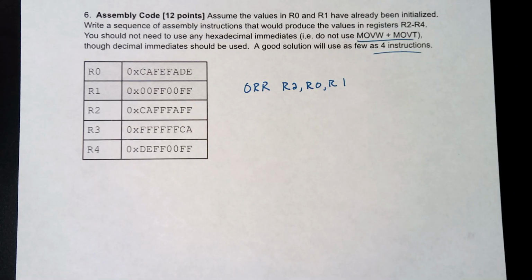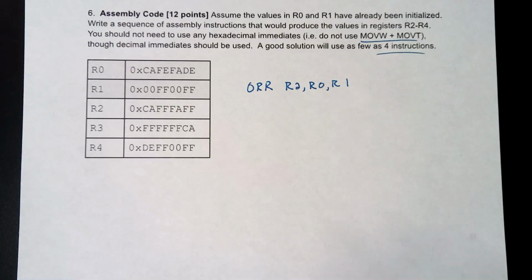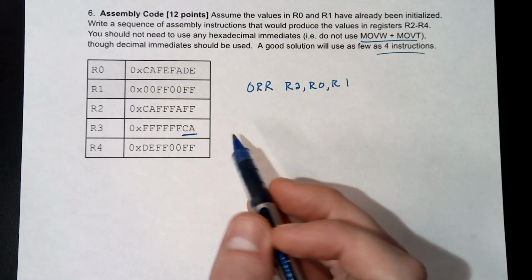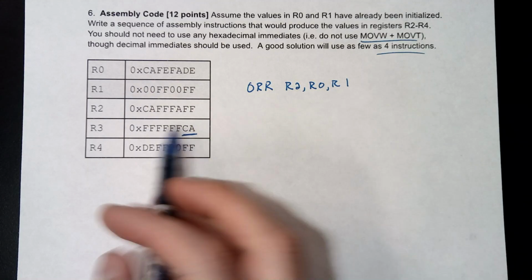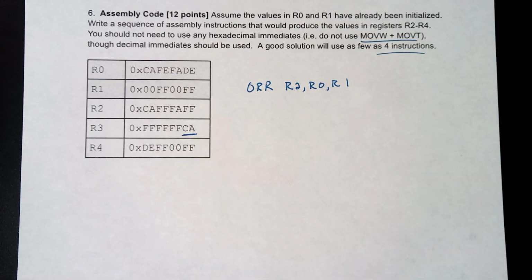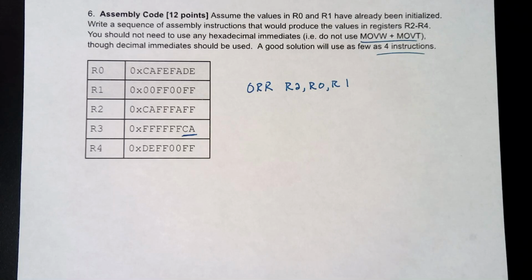Same thought for value R3. We see that there's a CA here, and that's probably coming from the CA there, and we have a bunch of F's to the left of it. There are multiple ways to get this, right? We could pull that CA somehow and then zero extend it, so we could do a shift and then a signed extension potentially.